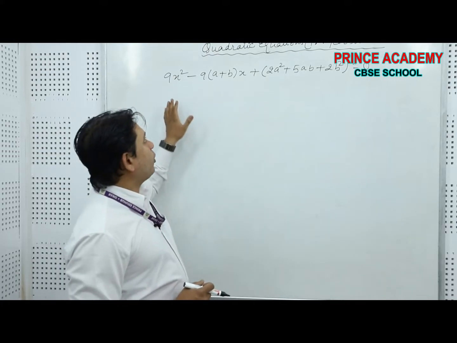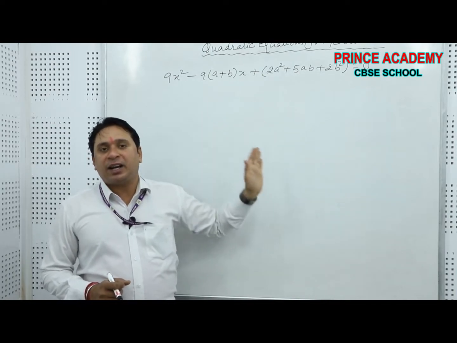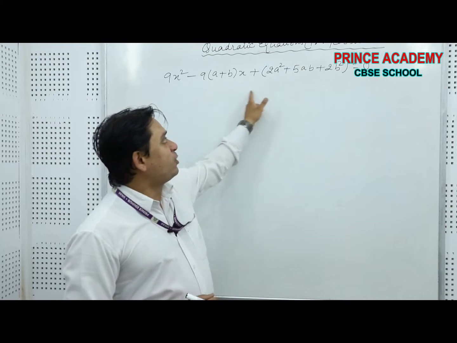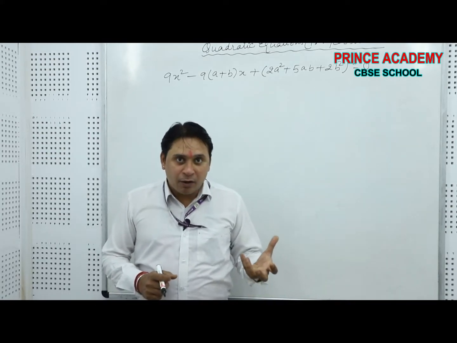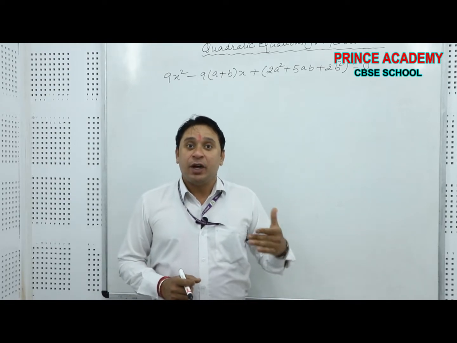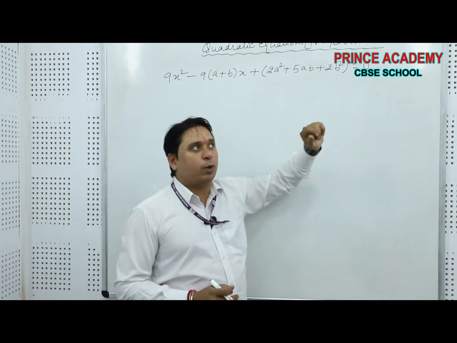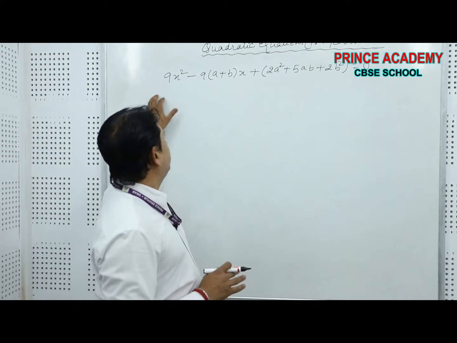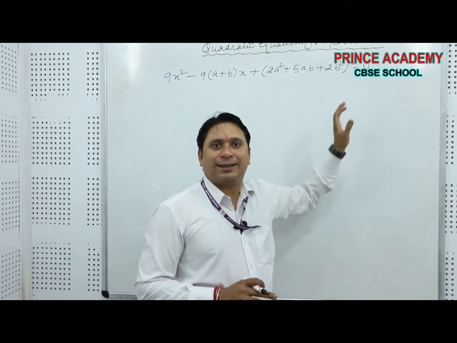See, if you are going to factorize, very frankly it can be factorized, okay, but why should we go for factorization? Why should we take extra burden? Why should we carry extra luggage? If very easily using the Sridharacharya Sutra or the quadratic formula we can do it, so without any delay, go to the quadratic formula, definitely you will get the desirable result.